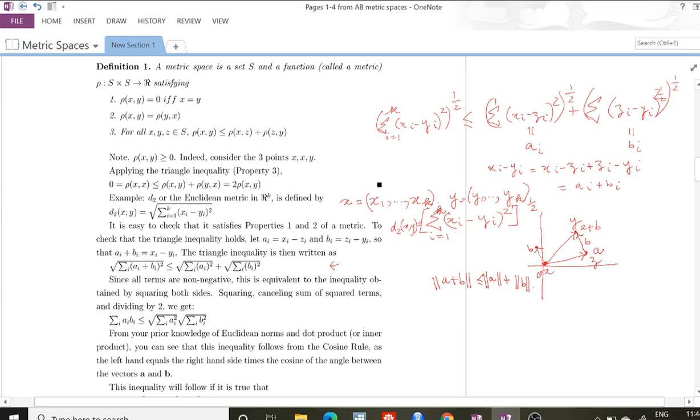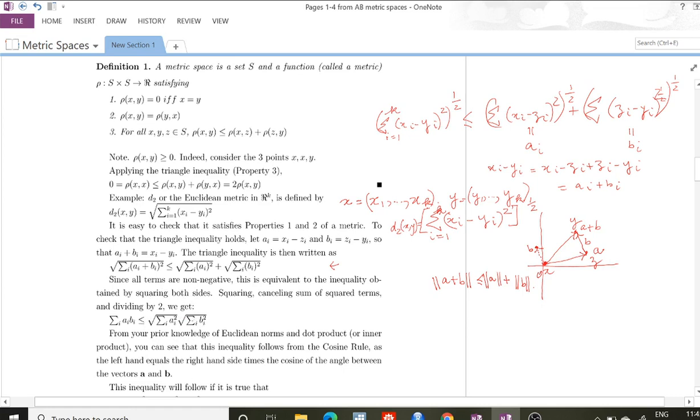So now if you study this inequality a little bit, one way to do it would be, well, suppose I square both sides and then I cancel some terms that look like summation ai squared and summation bi squared. What I'll have left on the left is twice summation ai bi, and on the right I'll have twice this product here. Okay, right?